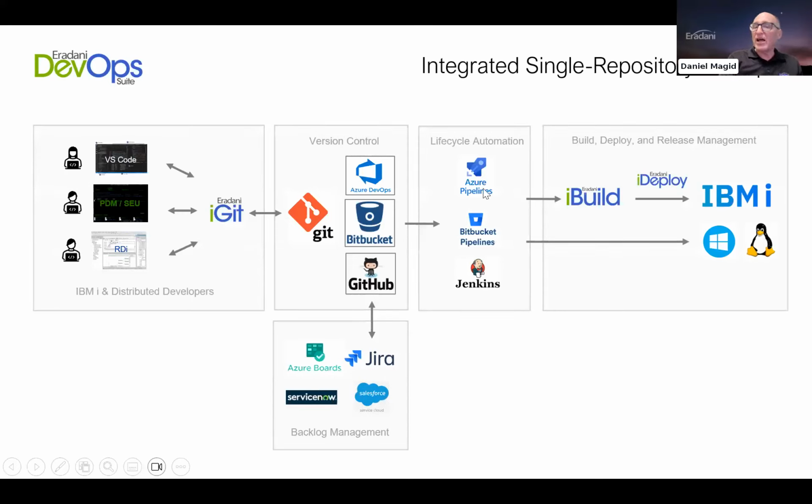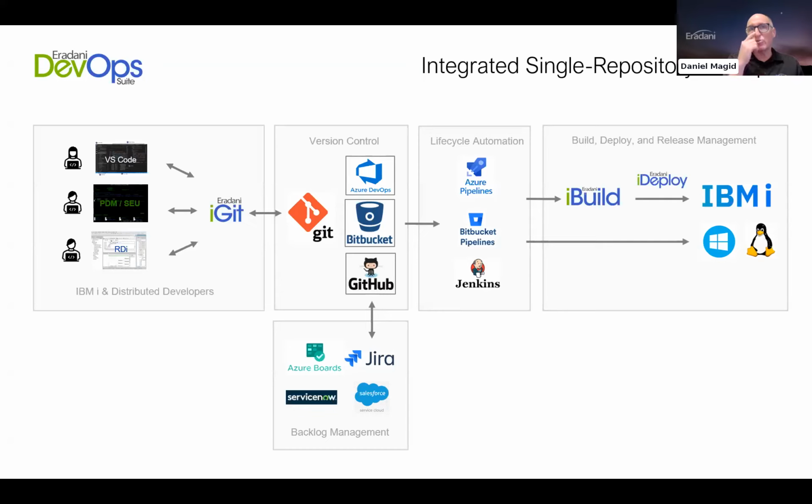And then you use something like Azure Pipelines, Bitbucket Pipelines, or Jenkins for automating the process of moving code through a lifecycle. Those tools will call something to do your creates, to actually build the code and the dependencies and then deploy the code out. So typically, you would tie these tools together to provide that kind of end-to-end change management.